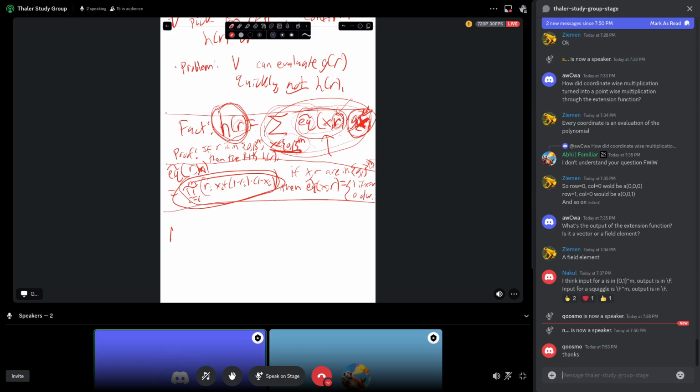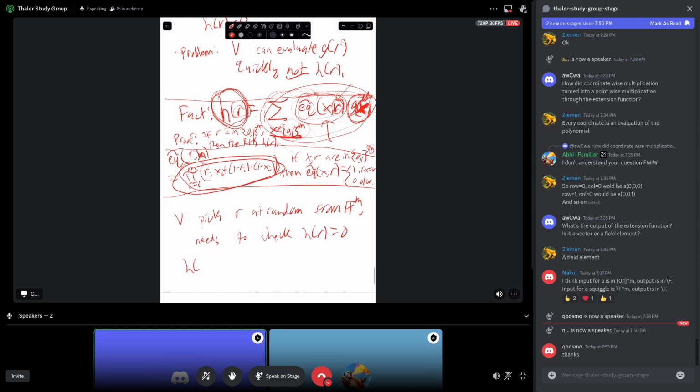Okay, so finally, I'm ready to tell you the protocol, right? The verifier picks r at random from the field to the m, and needs to check h of r equals 0.